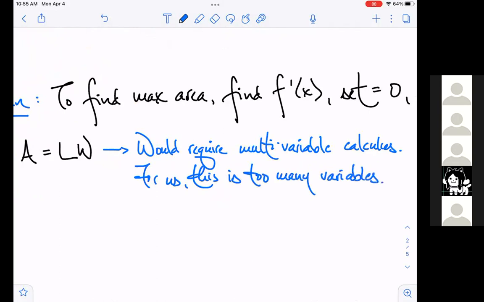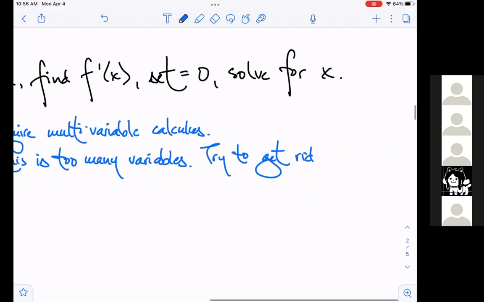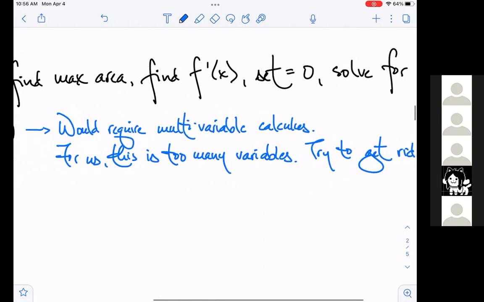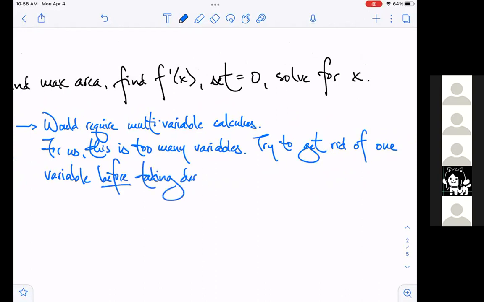All right, and so what we want to do is try to get rid of one variable before taking the derivative.